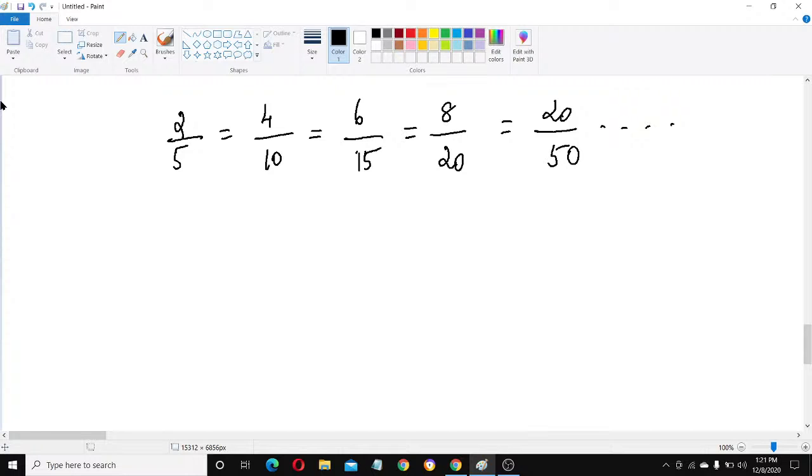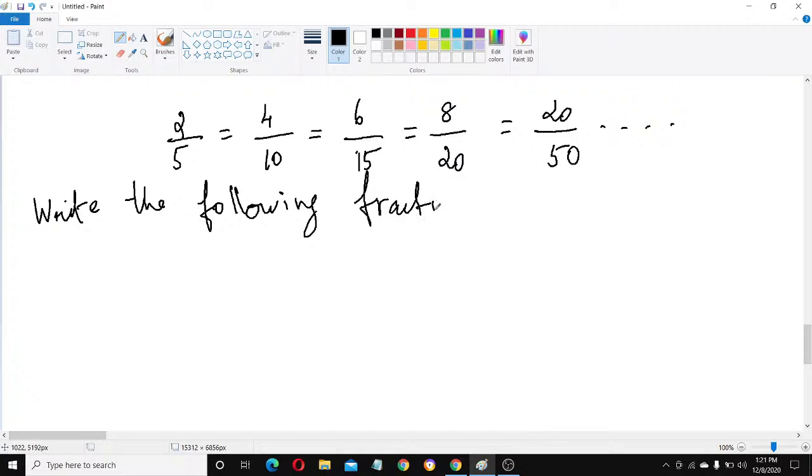Now how do we write the given fraction in the simplest form? Simplest form or lowest form, same.